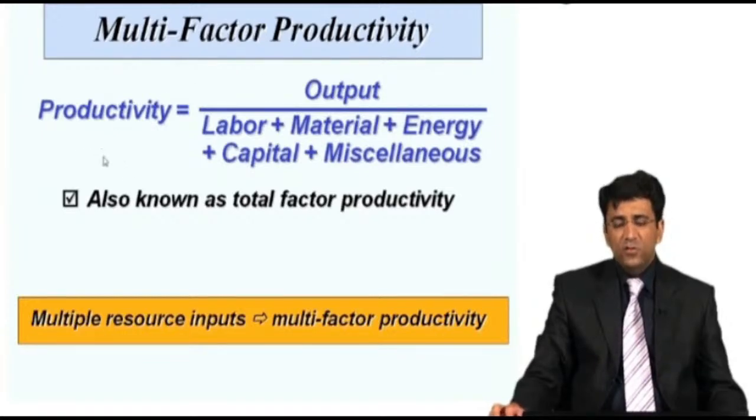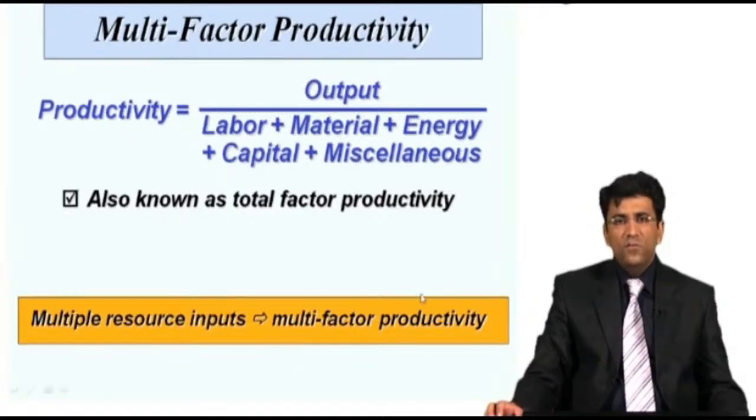So as you can see, students, there can be different sorts of inputs like labor, material, energy, capital, miscellaneous, time. So all these are the different inputs. If we use more than one factor as input, and sometimes all the factors available as input in order to calculate the productivity, then that will be termed the multi-factor productivity model.